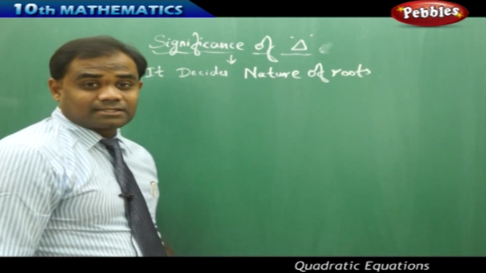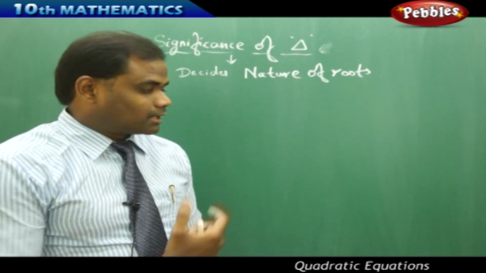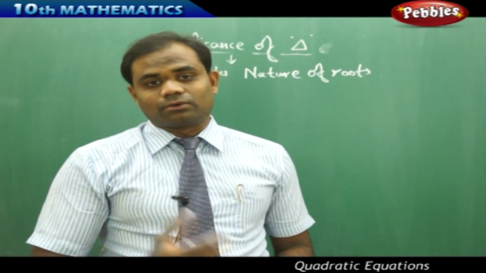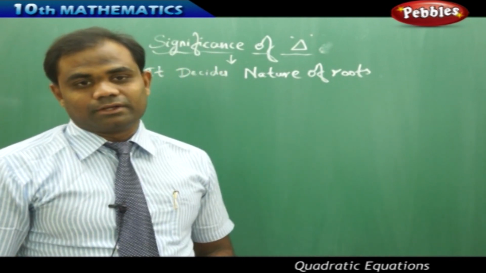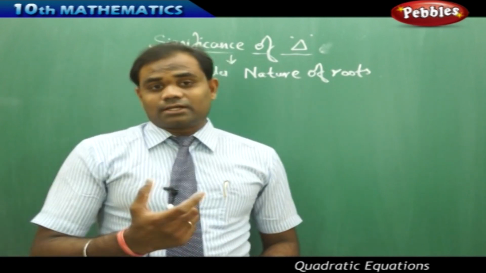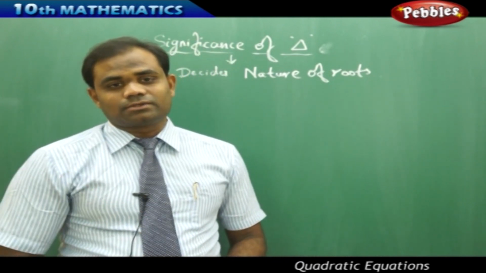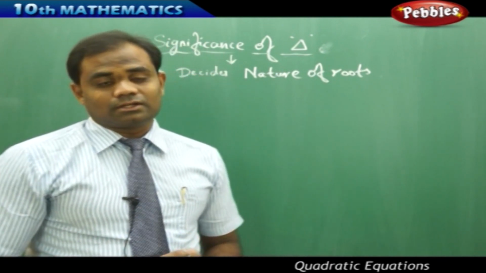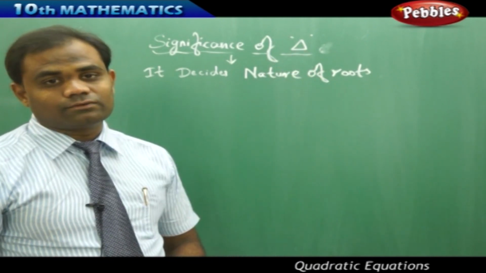Delta decides the nature of roots, because sometimes the roots are repeated and equal, sometimes there are two real and distinct roots, and sometimes there are no real roots but complex and imaginary roots. So delta decides under what circumstances the given quadratic equation has real and distinct roots, or two repeated real equal roots, or no real roots, strictly through the value of delta.